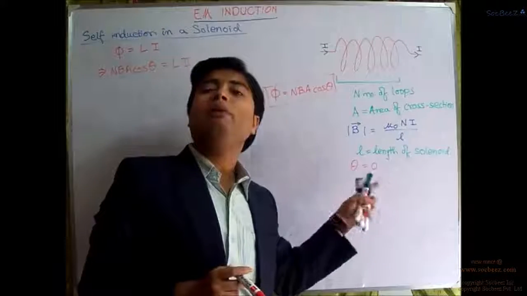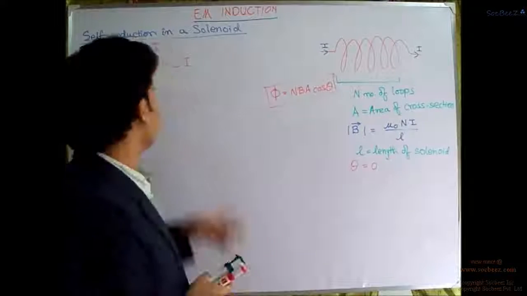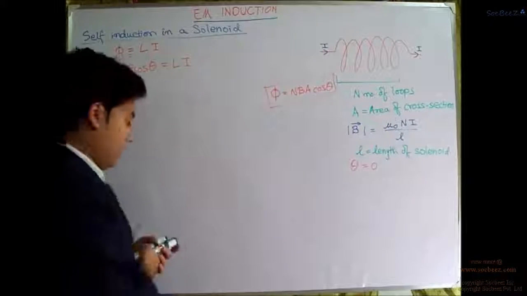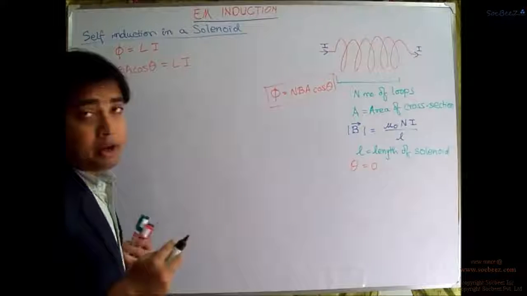So the angle between them will be 0, so cos of 0 will be equal to 1. So we can write it simply as N B A equals L i.